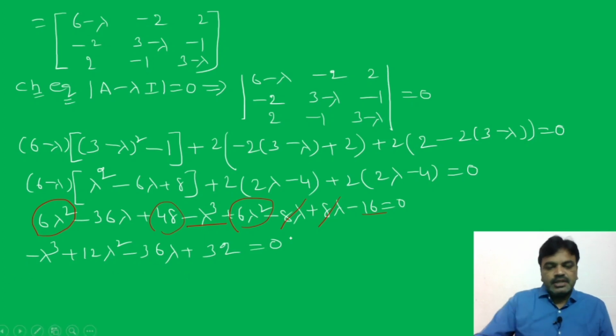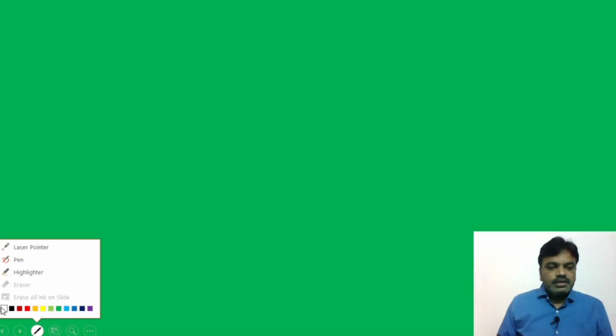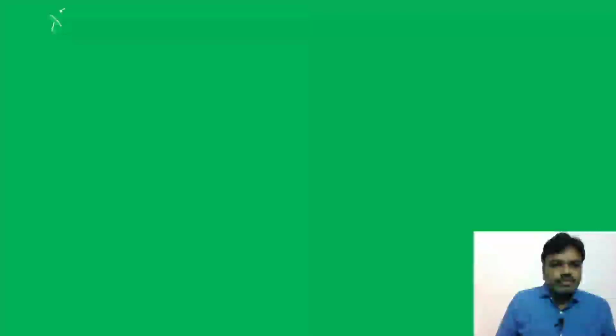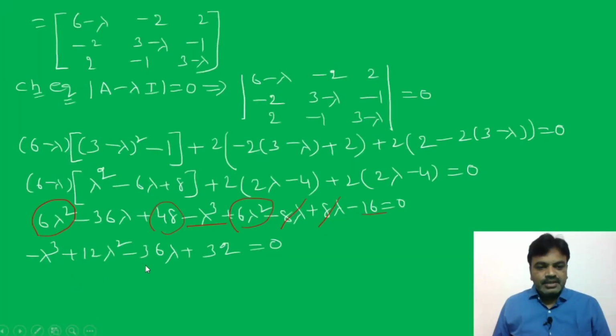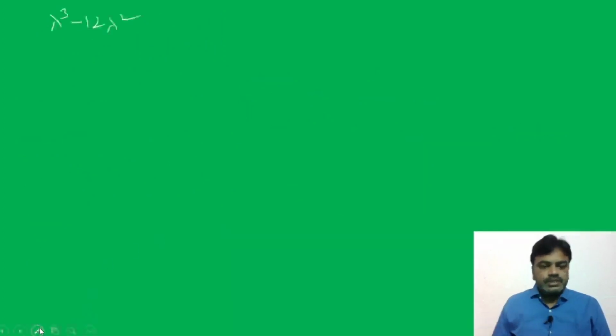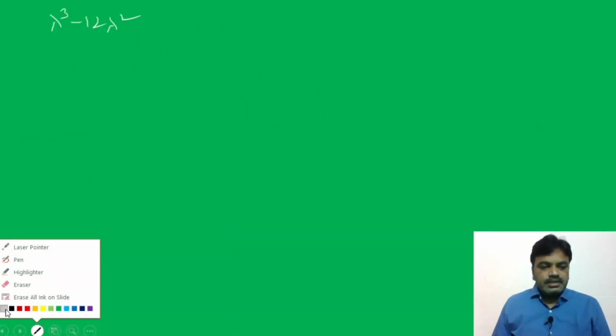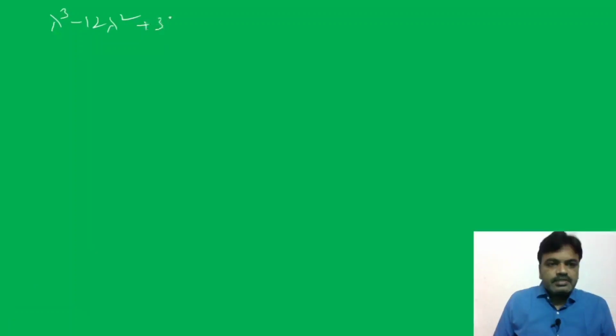Then you get lambda cube minus 12 lambda square plus 36 lambda minus 32, that is equal to 0.